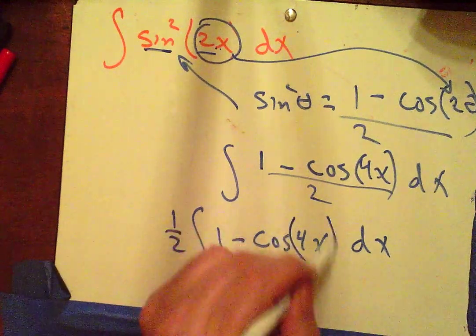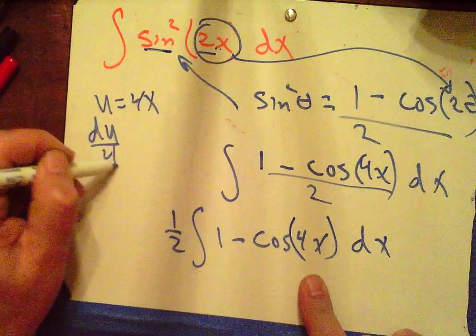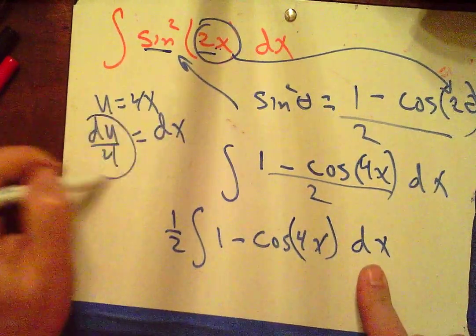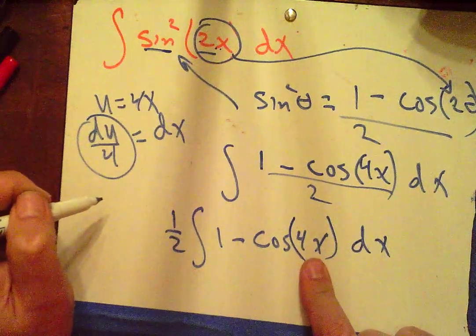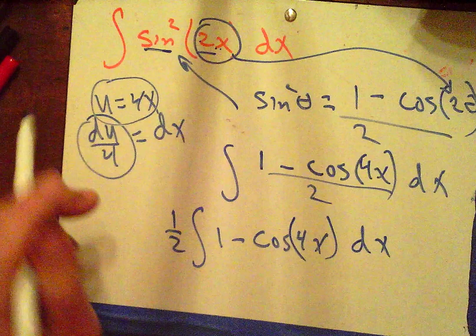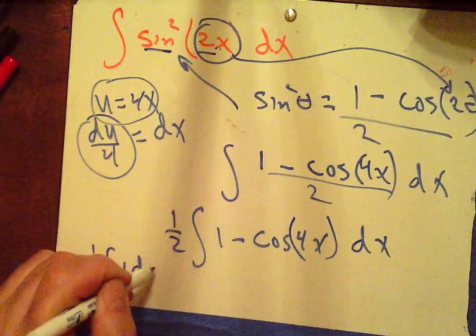So, my u, I would make 4x. And du over 4 is dx. So I can replace this with that stuff. And I can replace this with u. So, how can we do this? Well, I like splitting this up into 2 separate integrals.